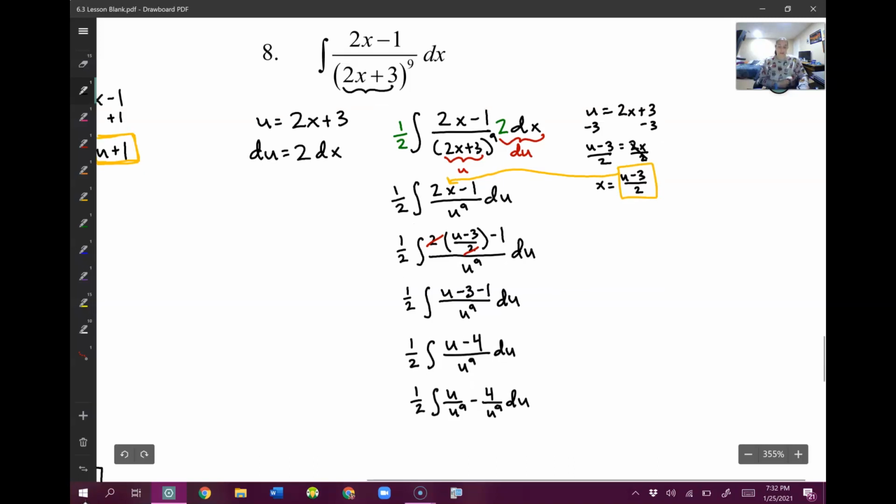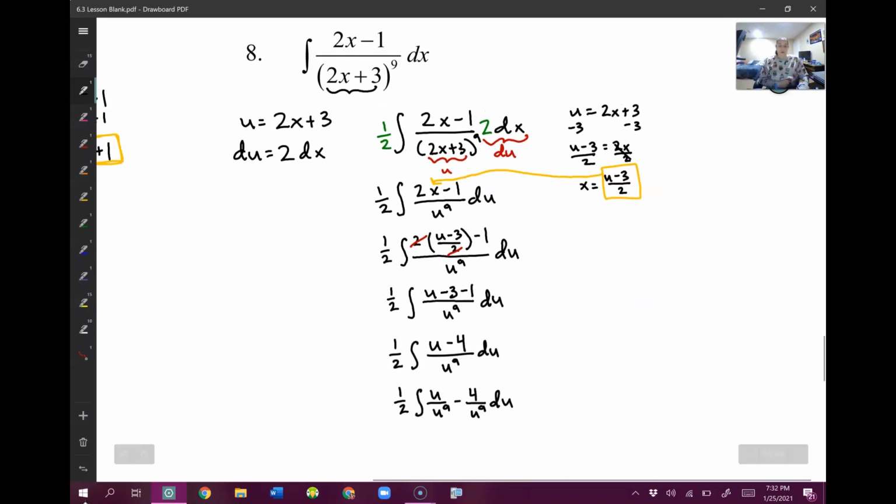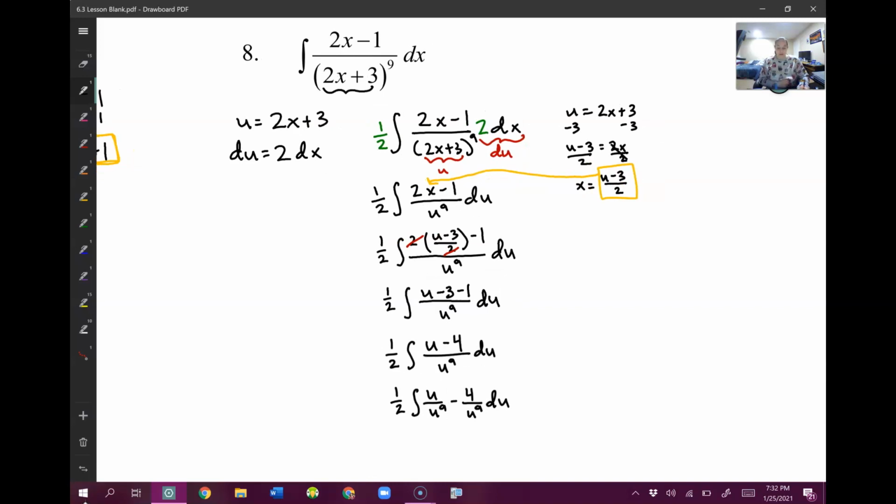So now I've got something like that. So what I want you to do now is pause the video and try to finish solving it from there. Meaning simplifying it right here. You're going to want to simplify it. You're going to end up doing your power rule and then plugging your u back in. And then come back and see if you got it right.